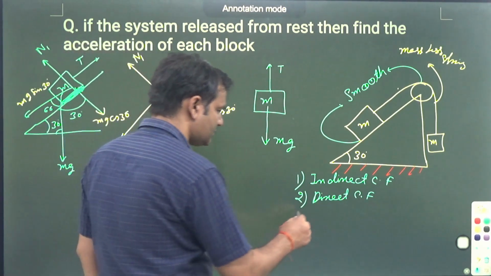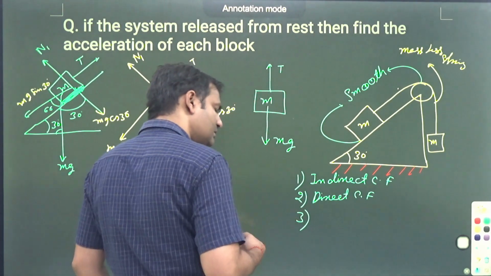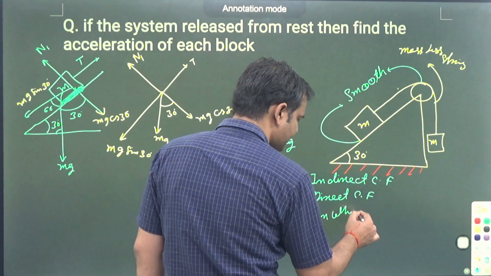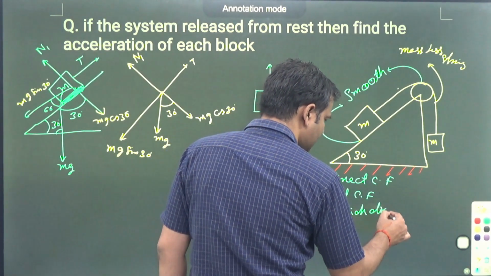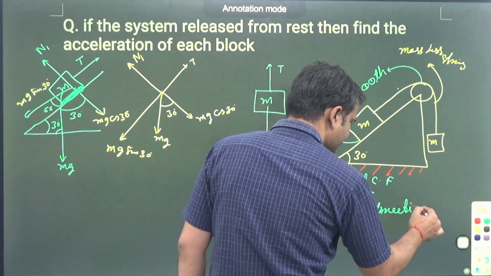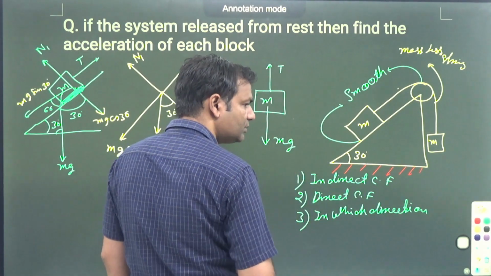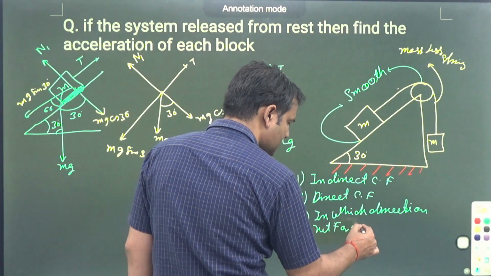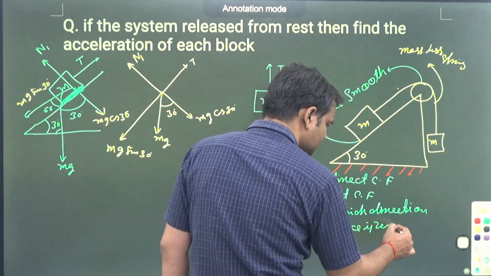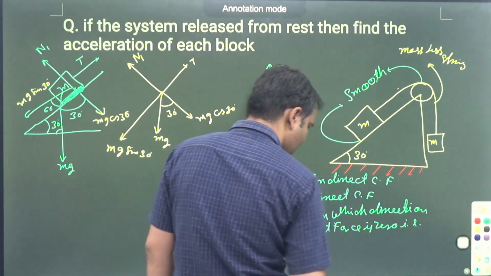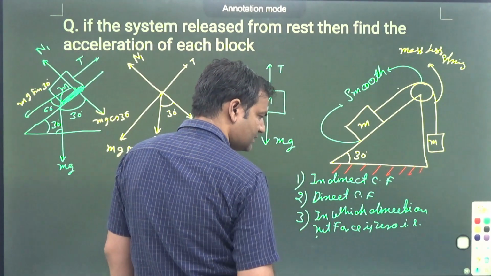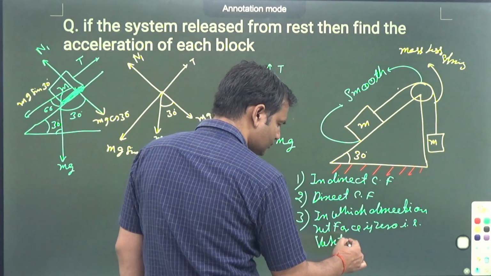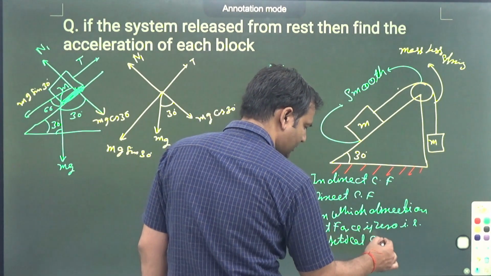We select the vertical component. Clear or not?